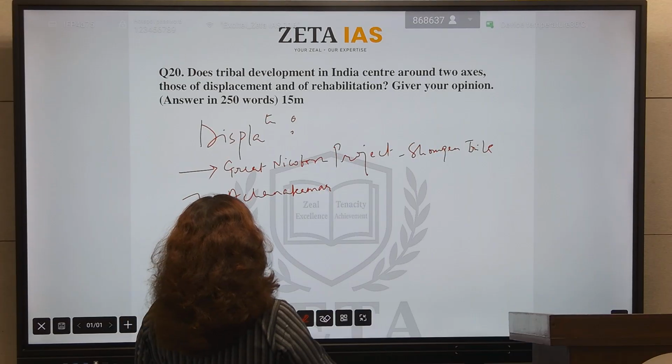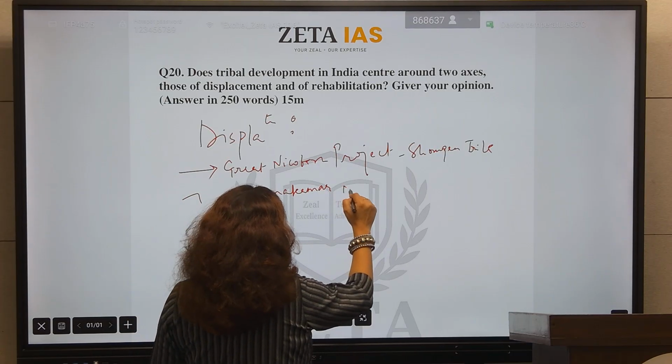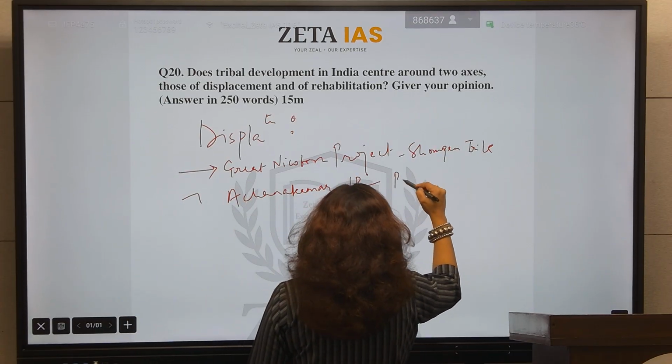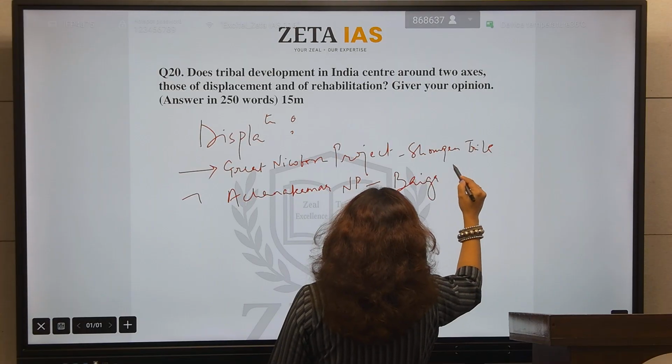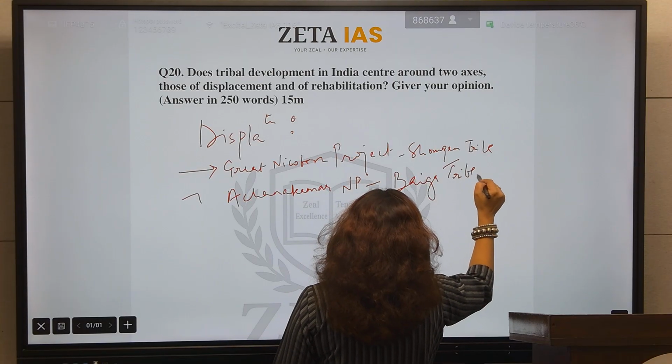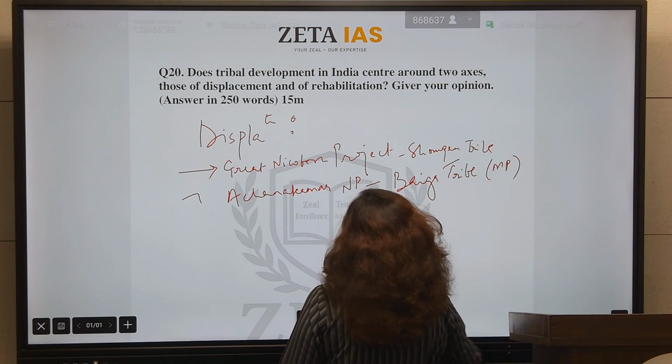Achanakmar National Park ousted the Baiga community, the Baiga tribe in Madhya Pradesh.